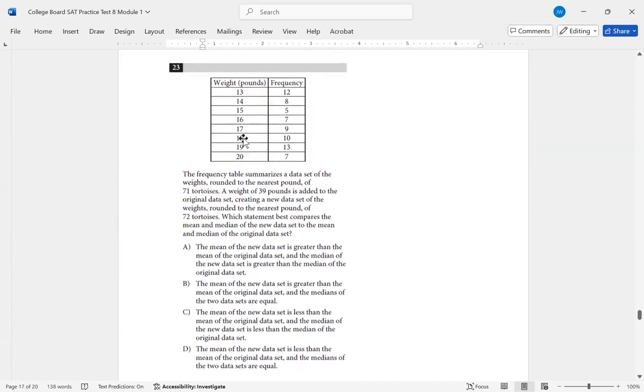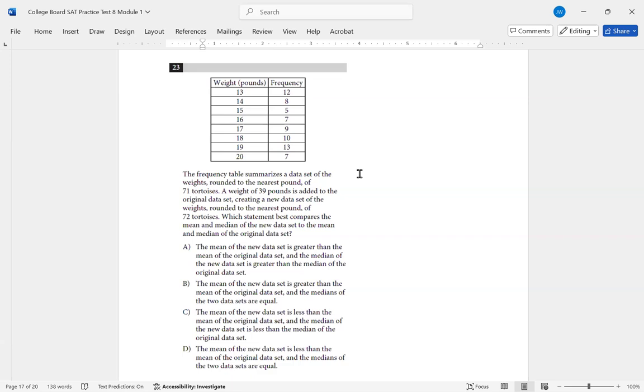Question 23. The frequency table summarizes a data set of the weights, rounded to the nearest pound, of 71 tortoises. A weight of 39 pounds is added to the original data set, creating a new data set of weights, rounded to the nearest pound, of 72 tortoises.